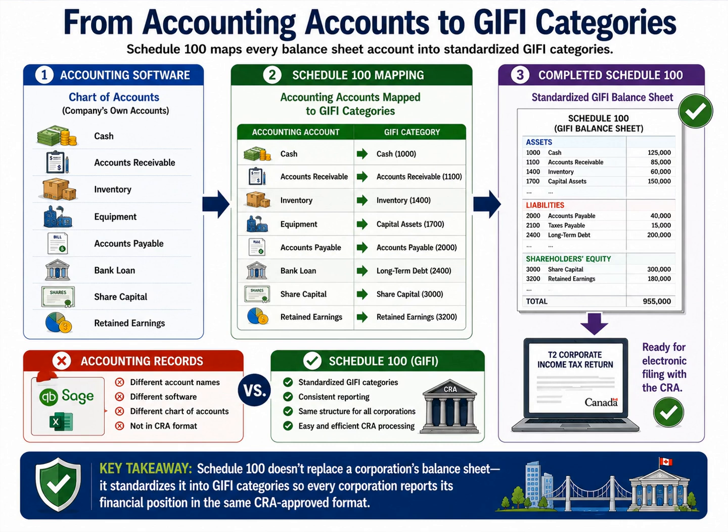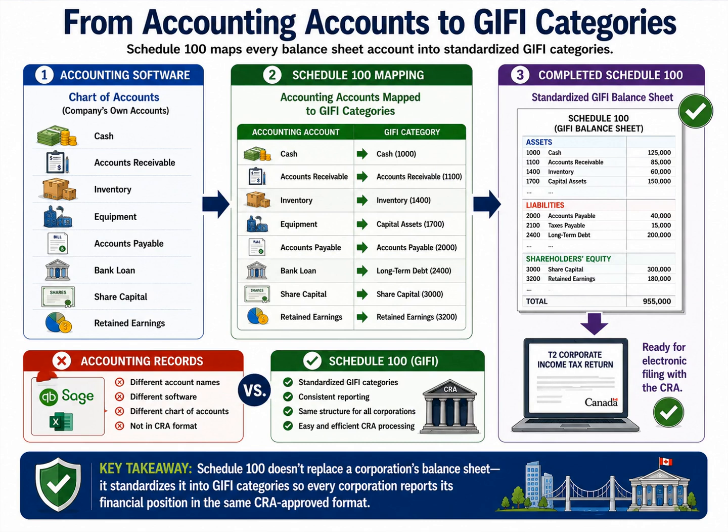It's important to understand that Schedule 100 does not replace the corporation's accounting records or financial statements. The accounting system continues to use the company's own chart of accounts, while Schedule 100 simply translates those accounts into standardized GIFI categories for tax reporting.